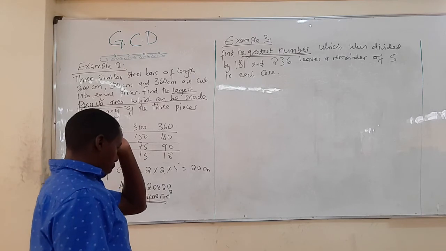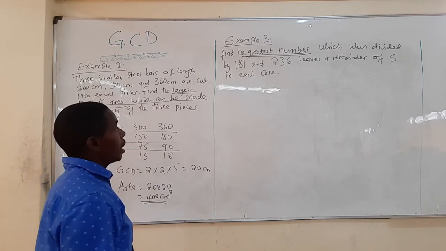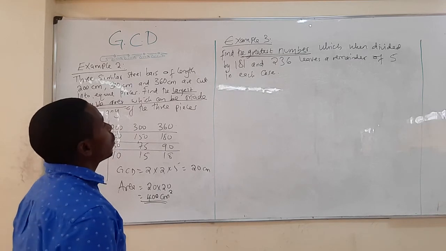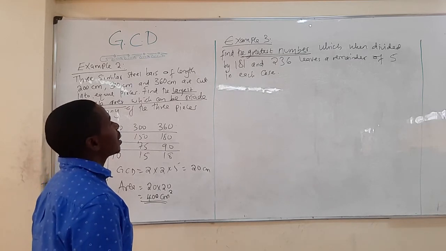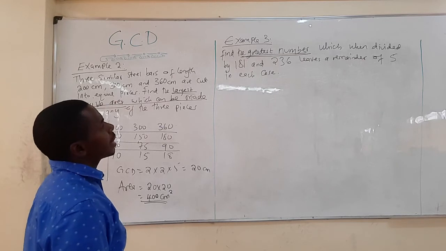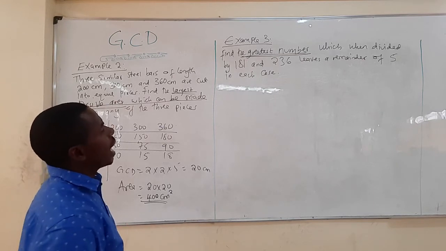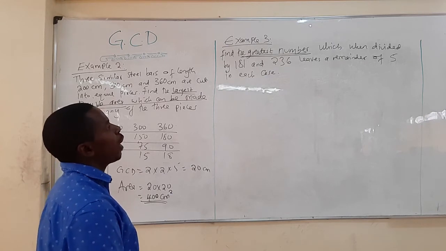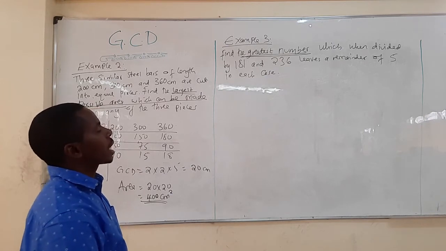Most of those kinds of questions may require you to get the GCD. So we want the GCD for 181 and 236, for the number that leaves a remainder of 5 in each case.